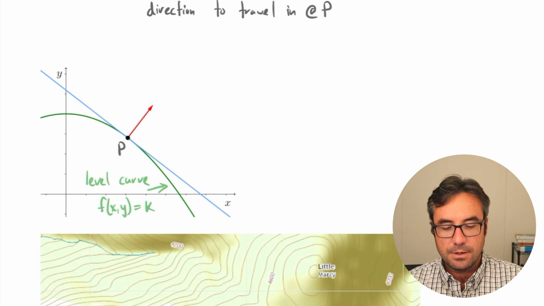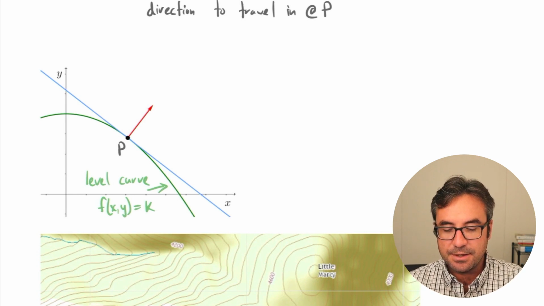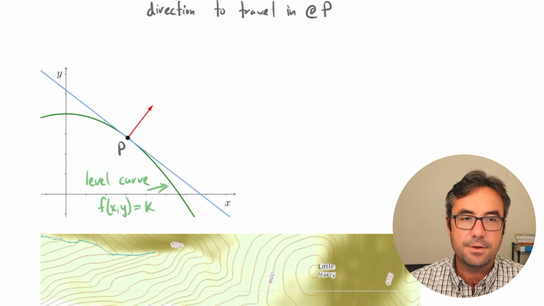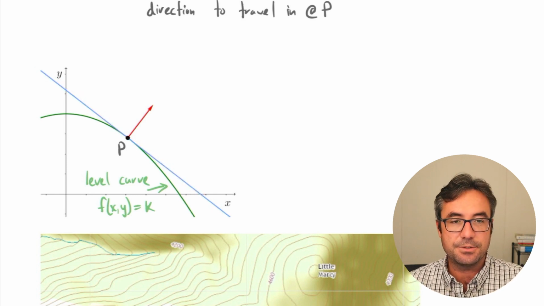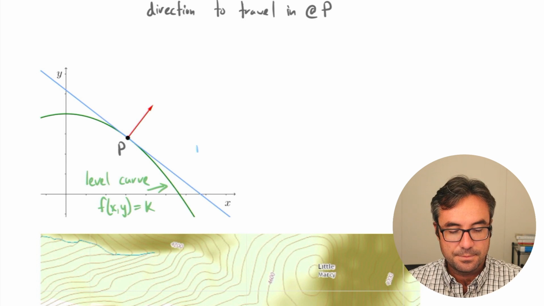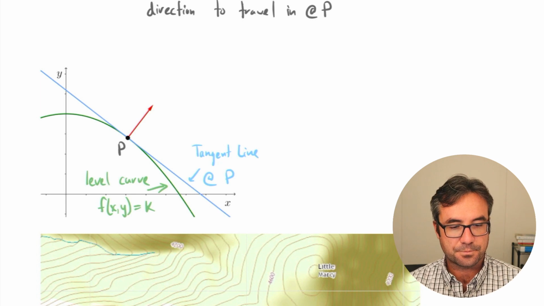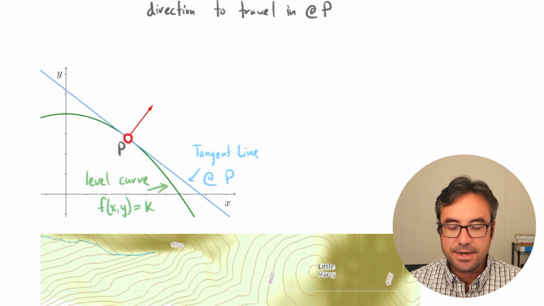And we've seen that if we have a contour line, we can figure out the tangent line to that contour. So we have our tangent line at point P. Imagine standing on our surface.